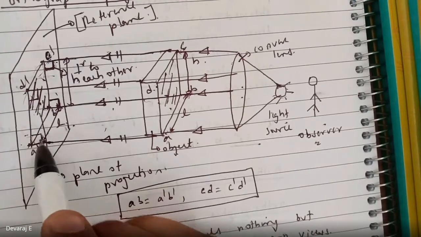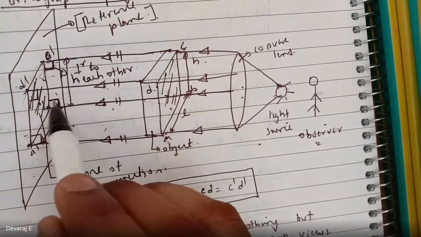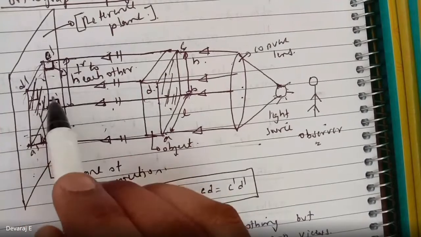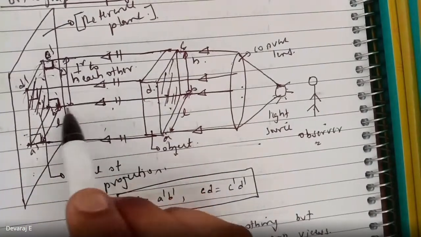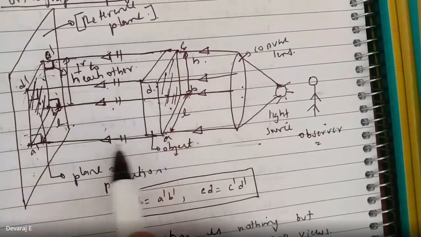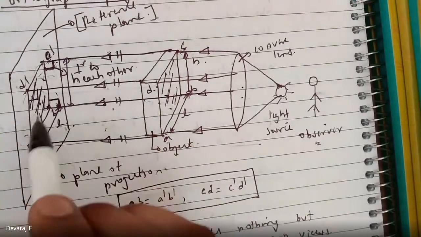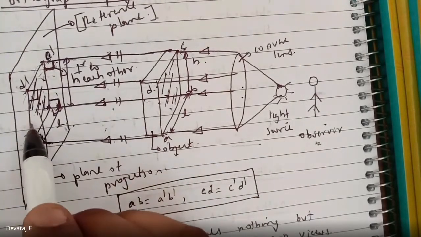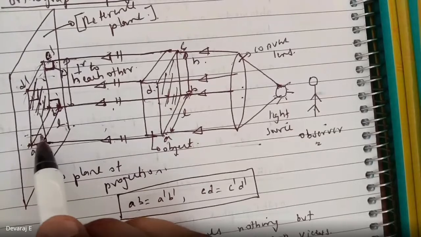That is 90 degrees, wherever you measure you get the same angle. The projectors are parallel to each other, and the angle between the plane of projection and the projectors is 90 degrees.